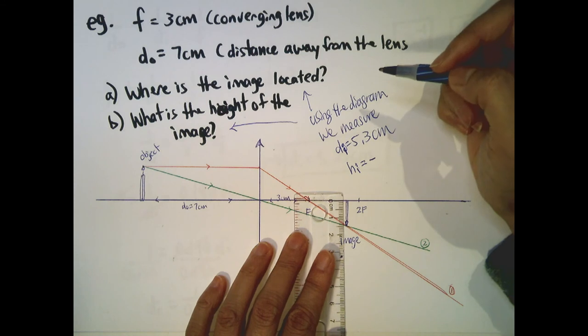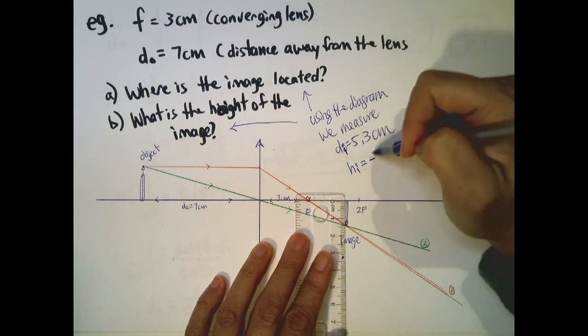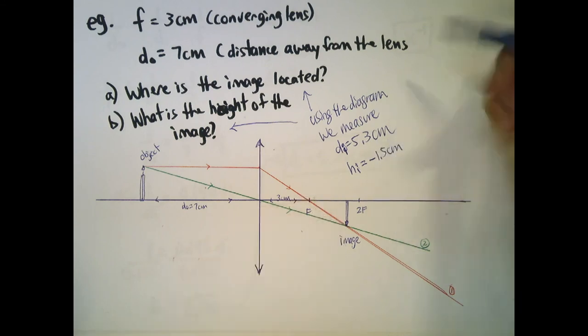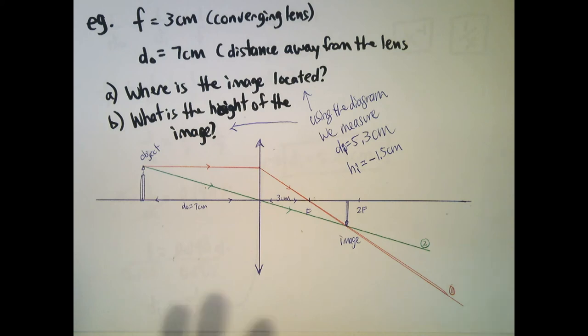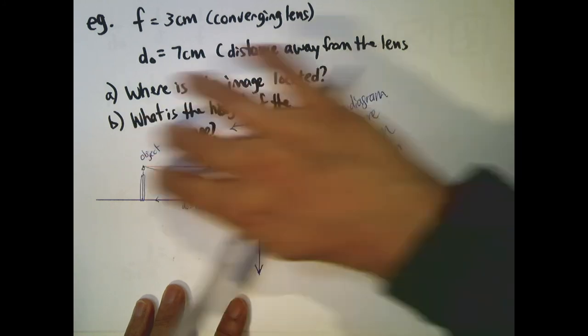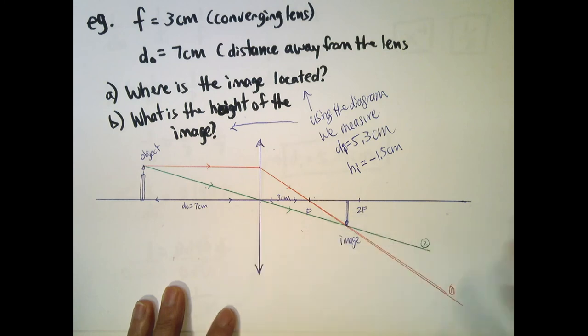Some of you are going, what? Negative? Yes, I'll explain that in a second. It's negative 1.5 centimeters. So remember in math, you have positives and negatives. Just think about it this way: this top part is the positive area, and this bottom part is the negative area. So yes, the height is technically negative.